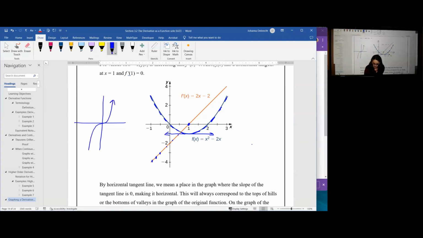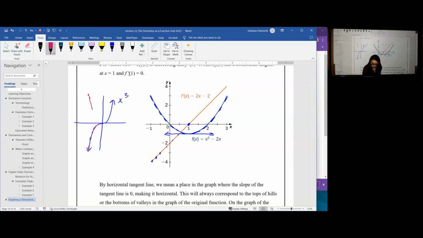When we look at the graph of x cubed, and I did my best to draw it, notice that the derivatives are very steep and positively sloped. So they've got to be up here, but they decrease close to zero.